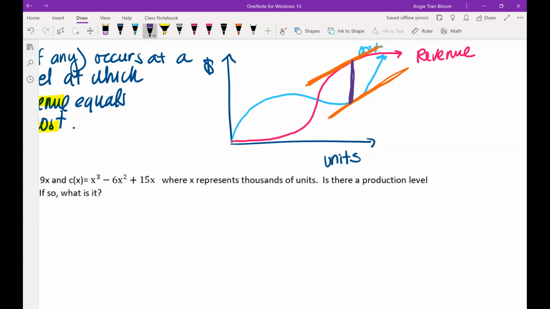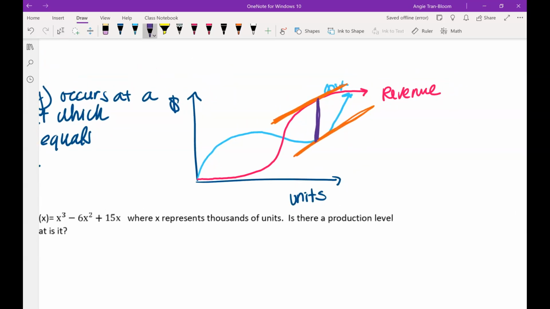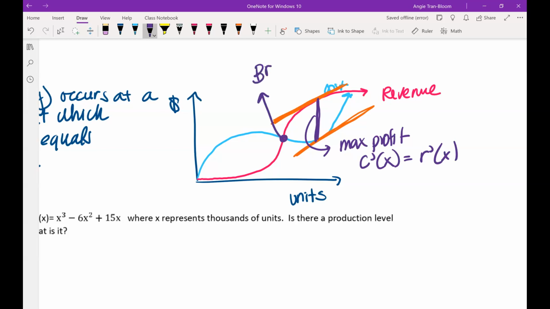When the cost is below the revenue, but the derivatives are equal. So here is your max profit. It's when the derivative of cost equals the derivative of your revenue. Now this is where your break-even point is, when the cost equals the revenue.